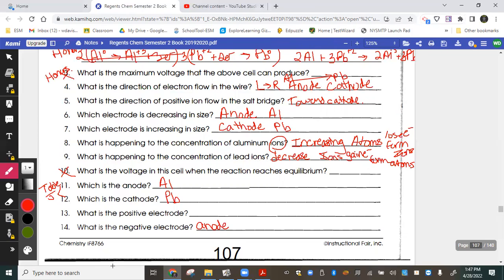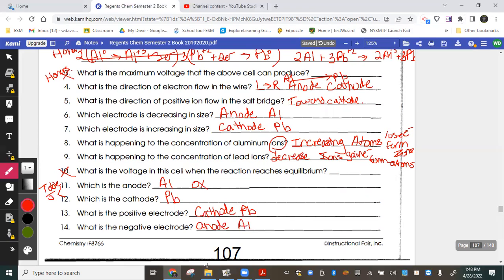Think like a cat. Cats have paws, positive, right? So the cathode is positive. And again, we have our anode is the aluminum and the cathode is the lead. All right, so those are our different electrodes. Anode oxidation, cathode reduction, right?